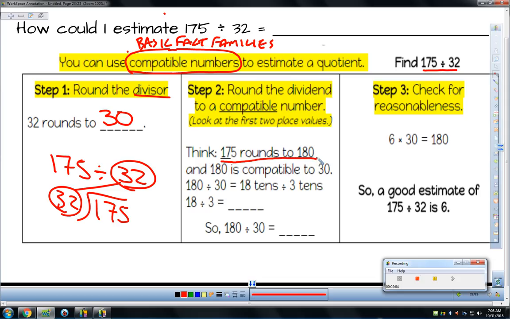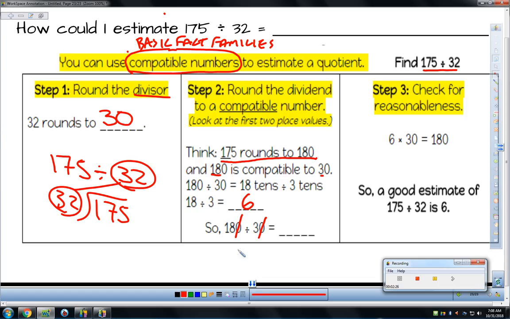I do that because 180 is compatible with 30, because 18 and 3 is a basic fact family. I know that 18 divided by 3 is 6. And I learned in 5.1 that I can cross out or cancel zeros that they have in common in a division problem.